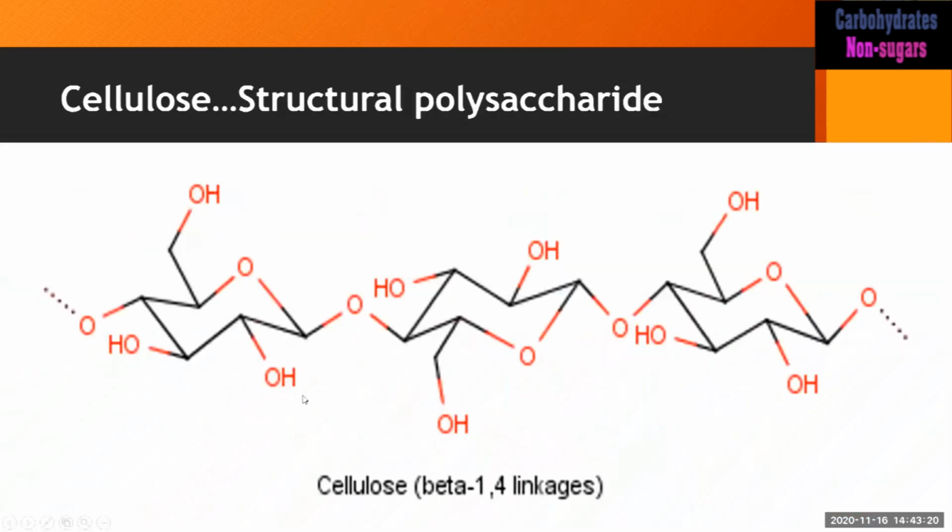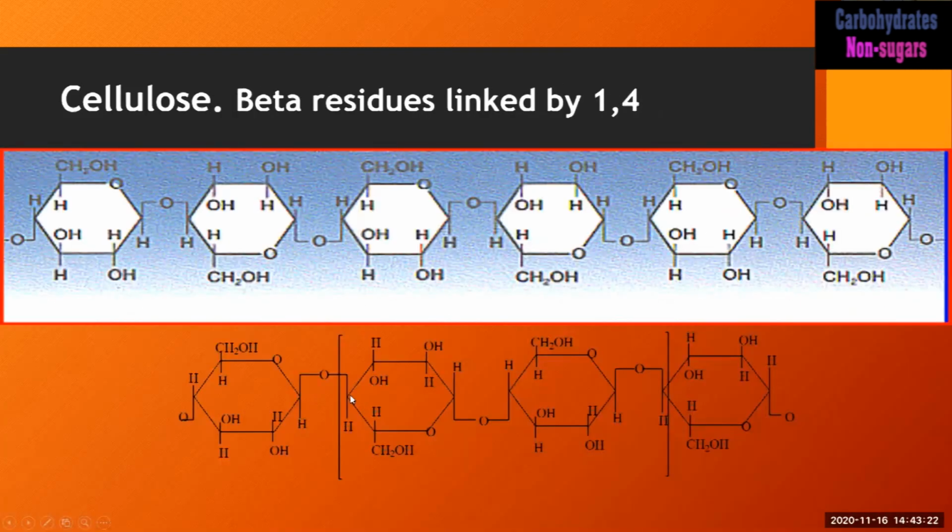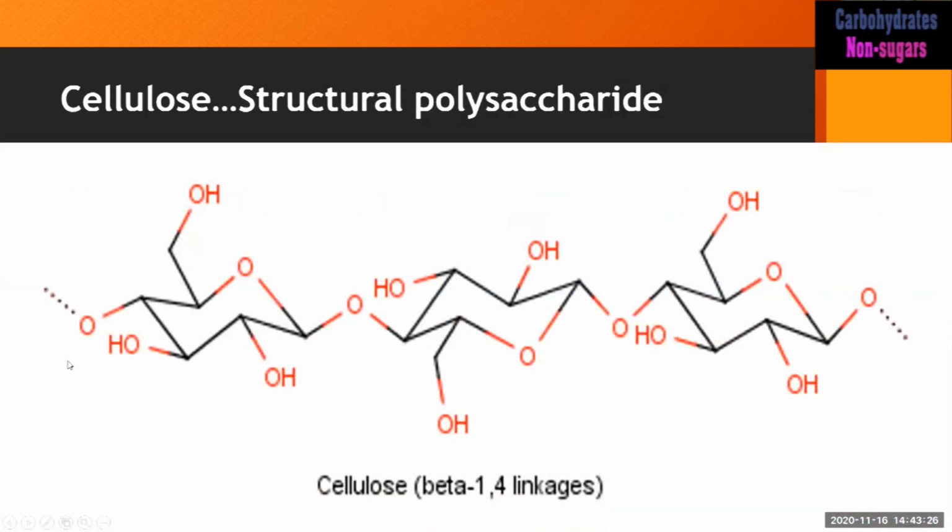This is a beta-1,4 glycosidic linkage. When glucose molecules are linked together through beta-1,4 linkage, we have cellobiose. When there is a polymer of such glucose structures linked through beta-1,4 glycosidic linkages, we say it's cellulose.